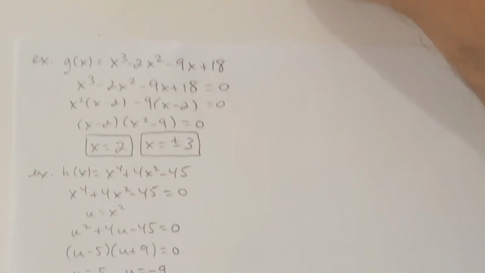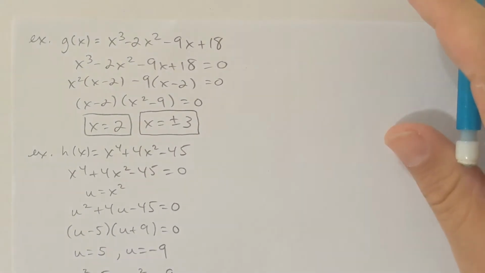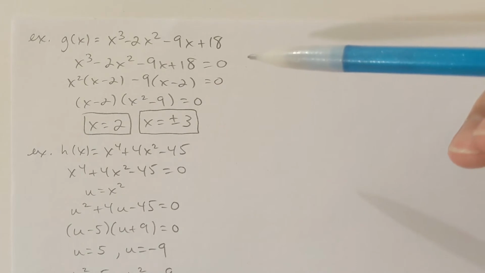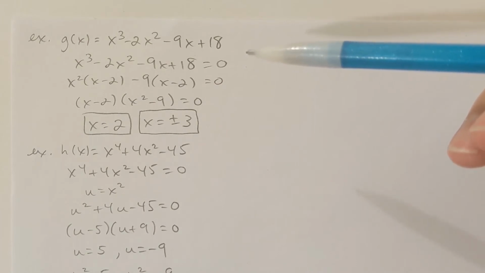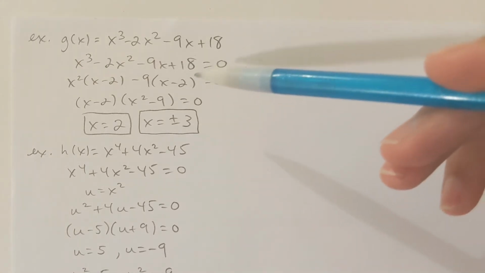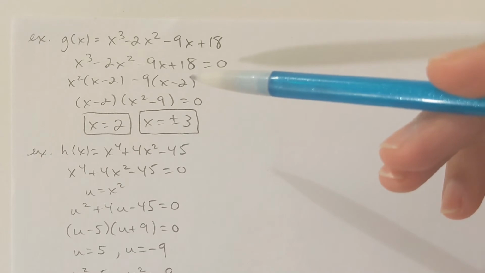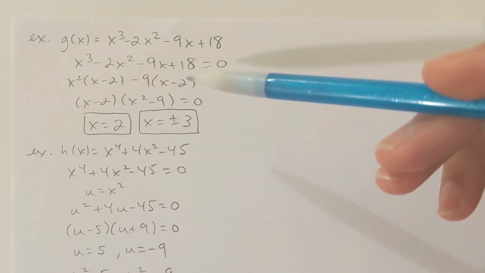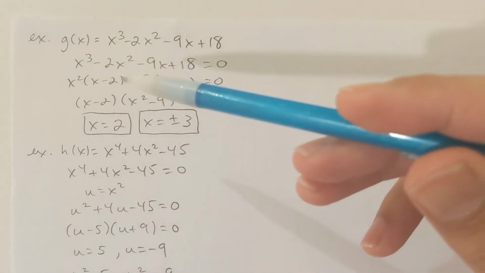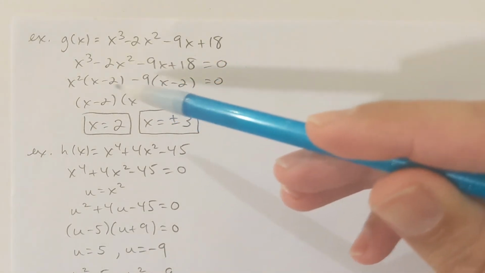Let's take a look at this one here. For example, g of x equals x cubed minus 2x squared minus 9x plus 18. Well, I'd set g equal to 0. And now this one's going to factor nicely because I can use the factor by grouping method. x squared can come out of the first 2 terms.